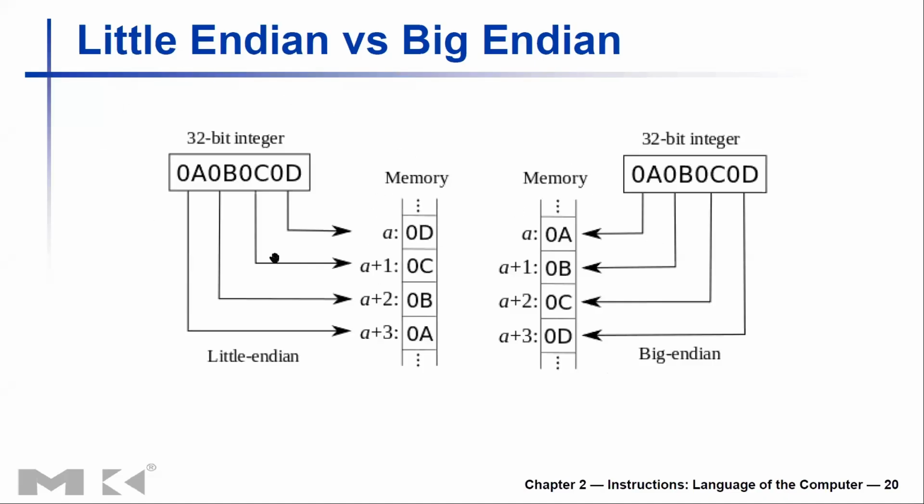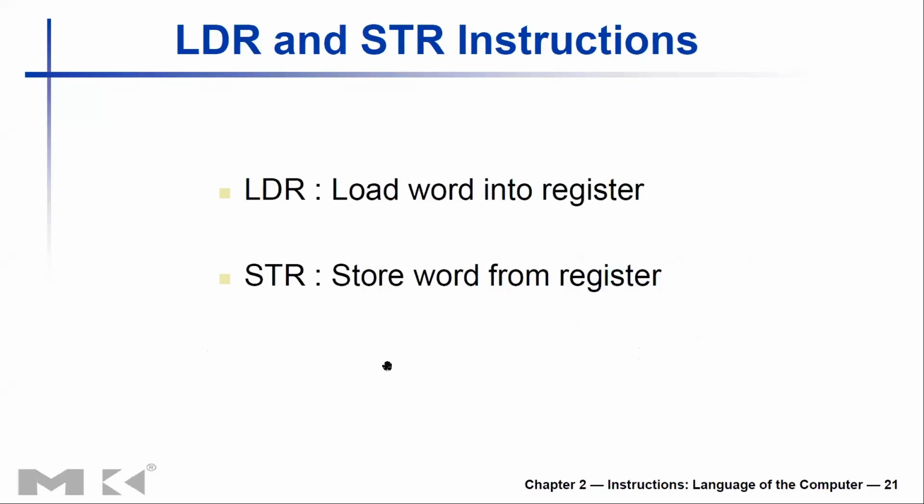And there are two types or concepts that are used to store words in memory, and ARM uses the first type, little endian. When you are practically using memory to store things and load things from main memory, you are just using instructions. So when you are programming in assembly, you don't really worry about whether it's little endian or big endian.